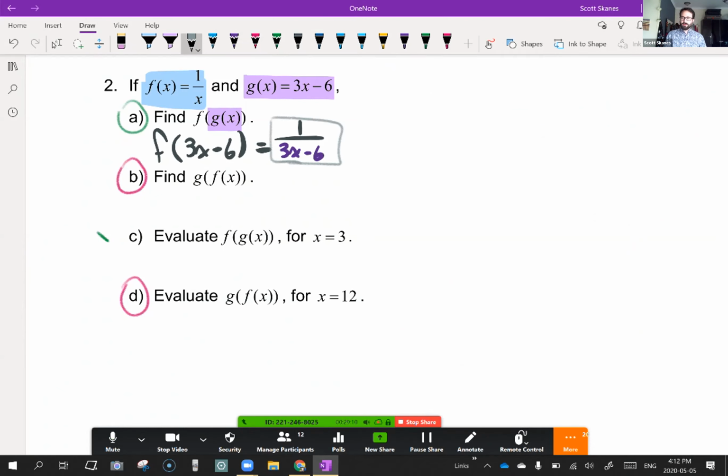Okay, so now that you know how to do the first set here, the first f of g, I want you to try to do g of f of x and tell me what that final answer is. It should take you only about 10 or 15 seconds. Okay, so try that.